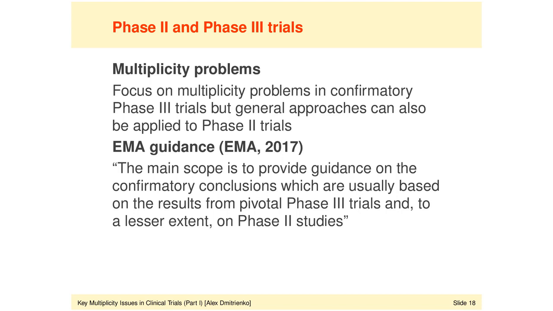And in fact, it is stated in the guideline published by the European Medicines Agency that the main scope is to provide guidance on the confirmatory conclusions, which are usually based on the results from pivotal or confirmatory phase 3 trials, and to a lesser extent on phase 2 trials. And the same approach has been used in this online training course.